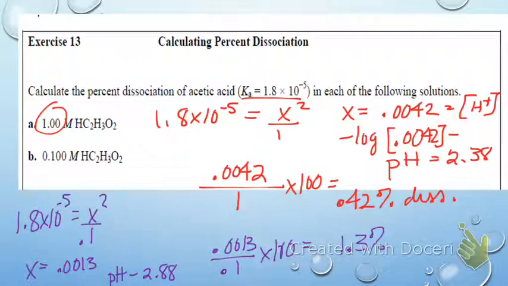If they were to give you several weak acids of different concentrations, you could calculate that and know that the lower the concentration, the more percent dissociation you have. Does that seem pretty easy? You can also, on our next problem, calculate Ka from the percent dissociation.